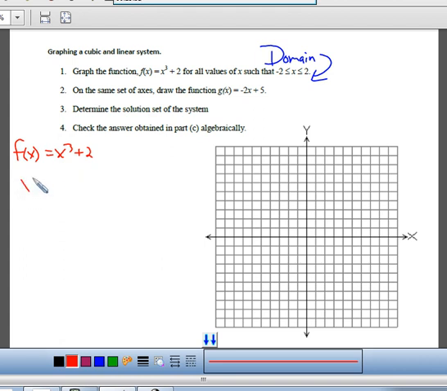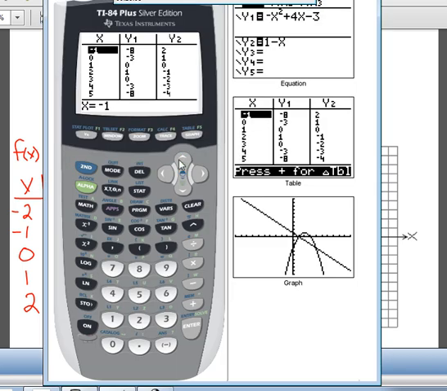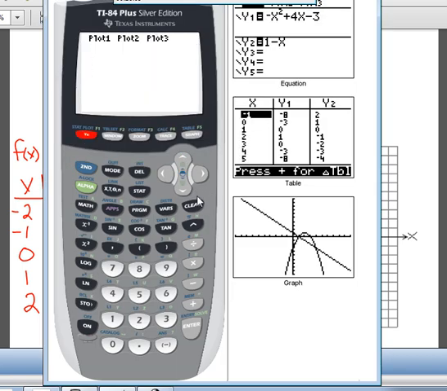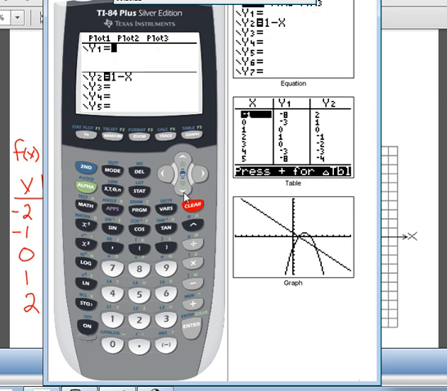And we're going to be graphing from -2 up to 2. So you're going to plug this into your calculator. After you clear out all the old junk, you'll plug it into your calculator under Y1 and get your table.